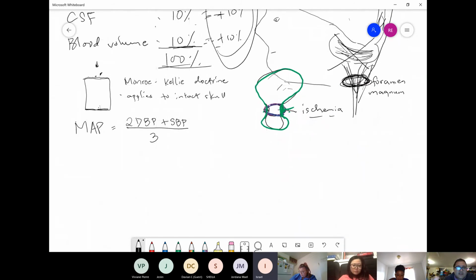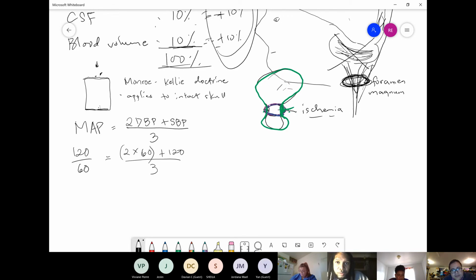For instance, if your blood pressure is 120 over 60, what is your MAP? Would it be 80? Okay. Now, this is your MAP.